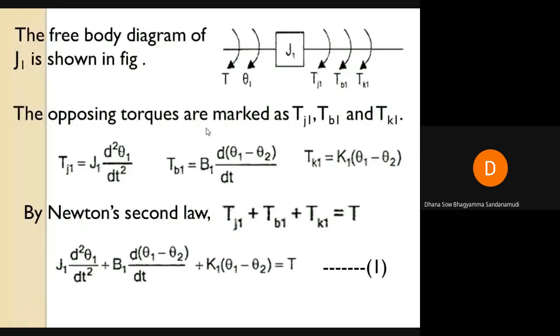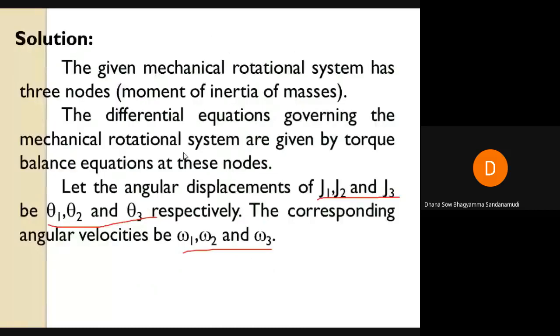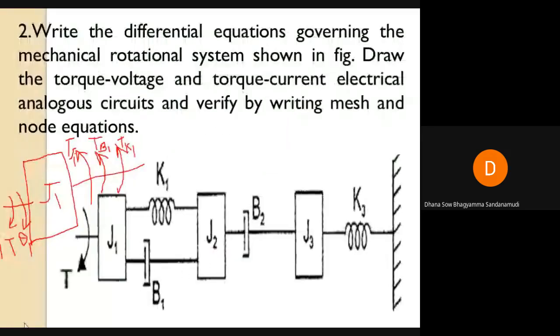B1 and K1 are in between these two nodes, so B1 and K1 have two free ends. They are free to move on both sides, and that we must consider.